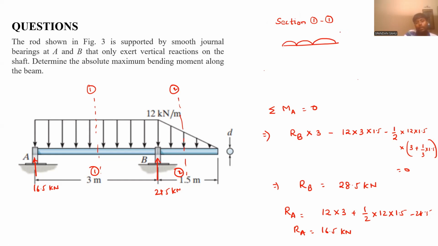MXX, distance X, and here it is 16.5 kilonewton.